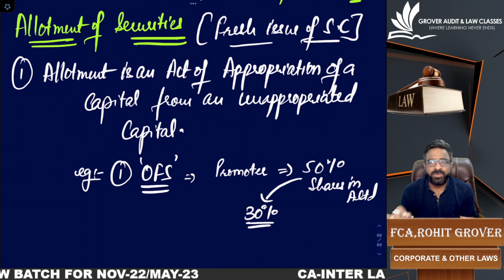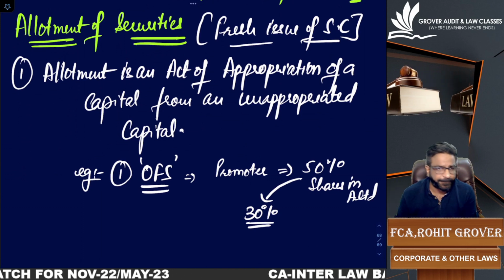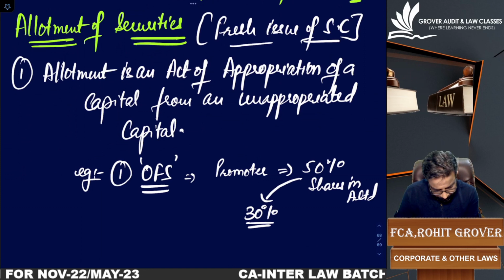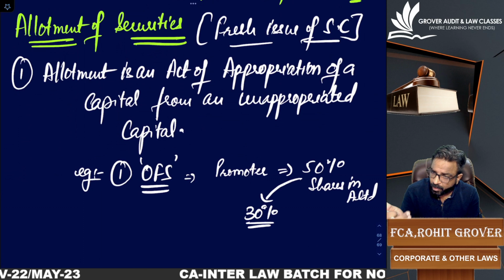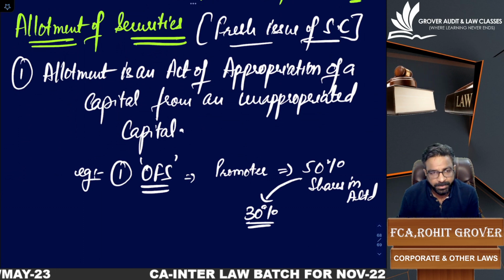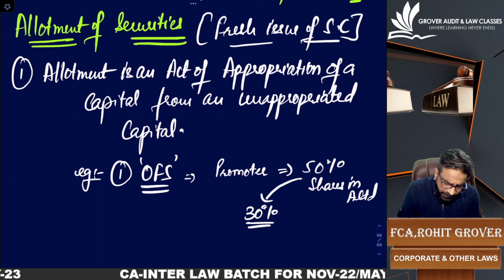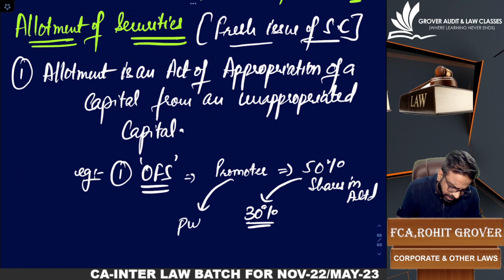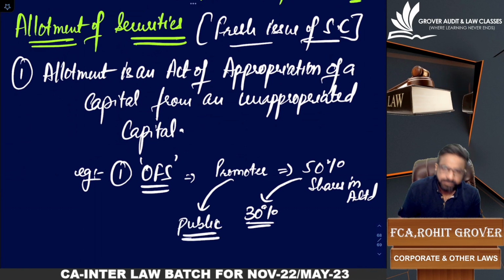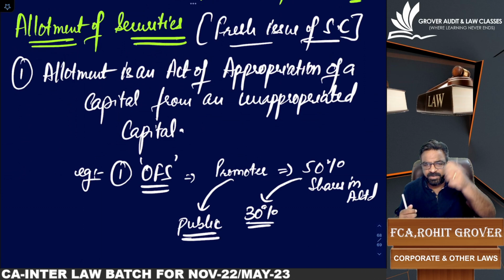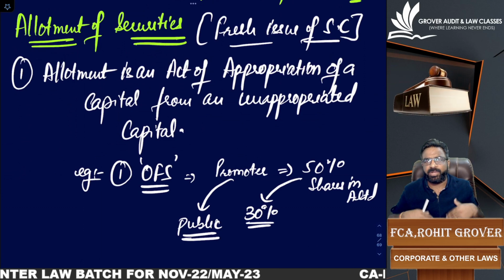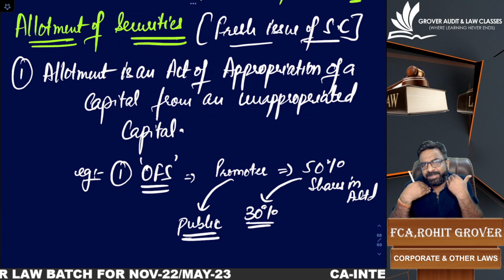Is it freshly issued capital, or is it already issued capital? Already issued. It is just that from the promoter's pocket, it is going into the pocket of the public. The promoter's holding will be reduced by 30% and the public's holding will be increased by 30%.